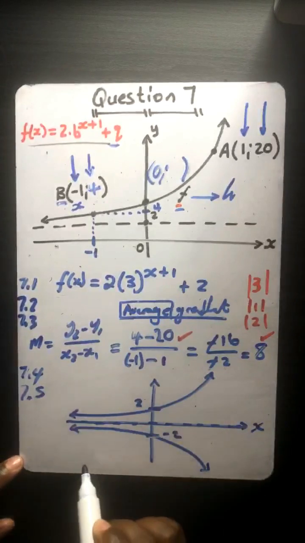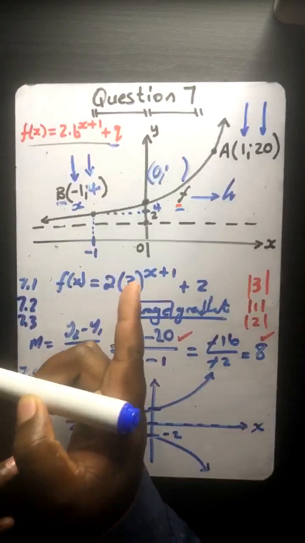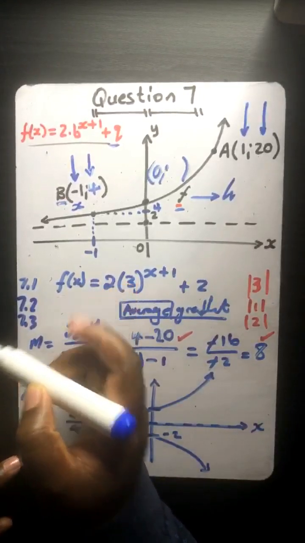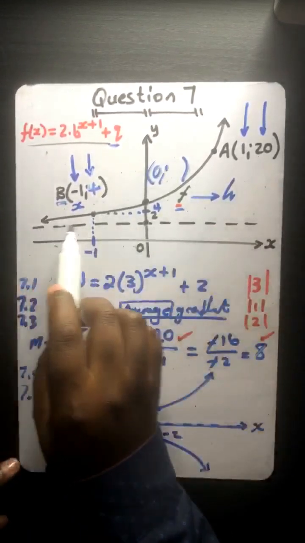But now, in that case, it is different because it is not reflecting about the x-axis, but it is reflecting about that.